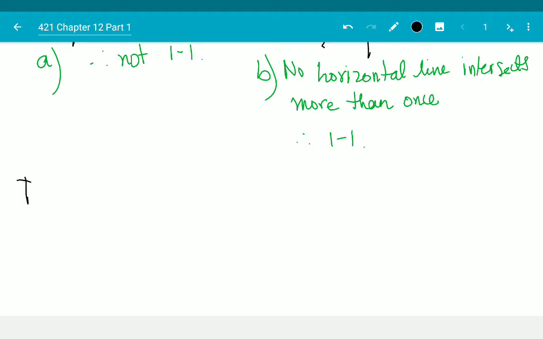In that case, we can define what the inverse function for a given function is.